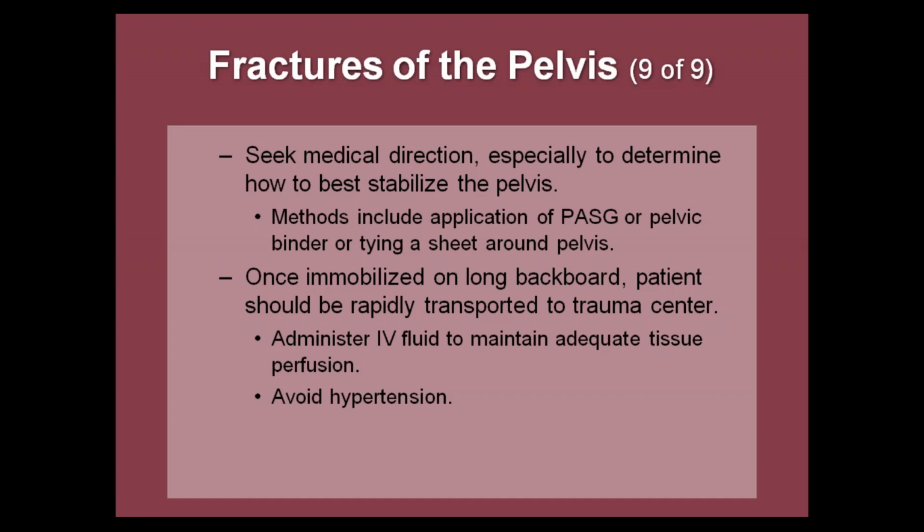Then try to stabilize it and keep it in that position. Apply padding on the sides as well as additional padding, and then gently move and transport. Utilizing a long board, it may be best to move this patient onto a soft board. IV fluids, avoid hypertension.